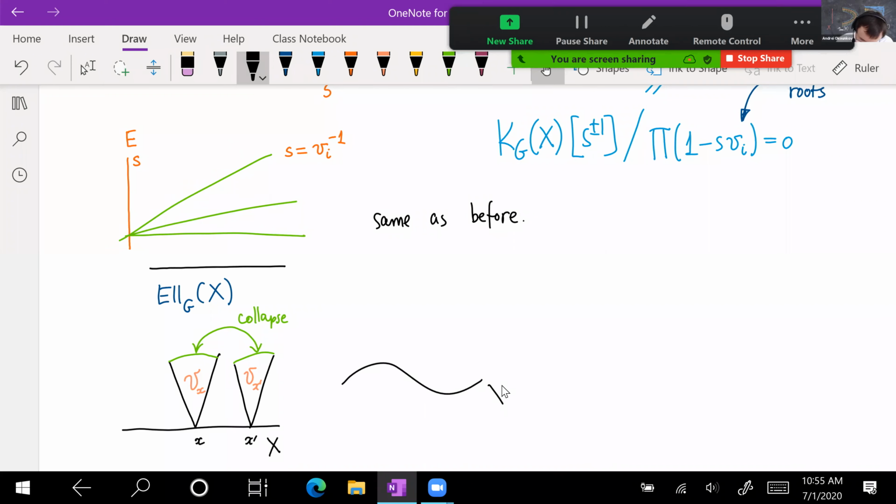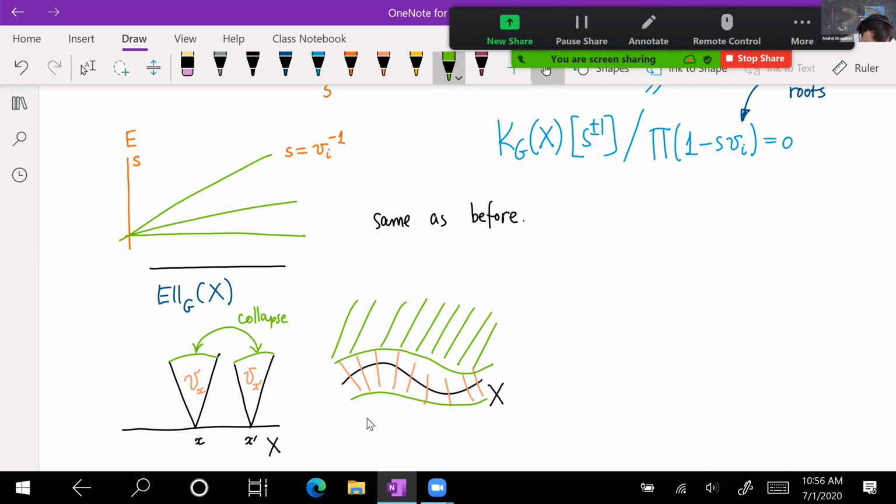So this is x, and then there's this vector bundle v, and then there's the infinity of the vector bundle, which we all declare to be one point. This is the Thom space. I'll just write Thom space of a vector bundle v.